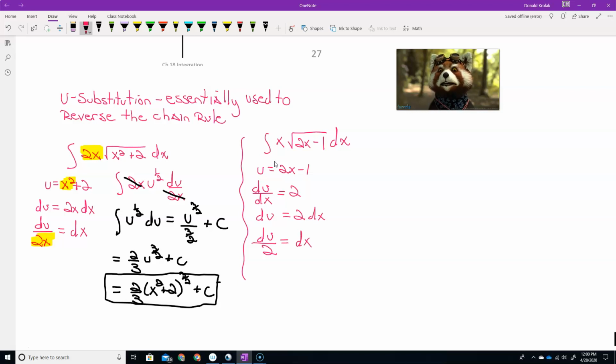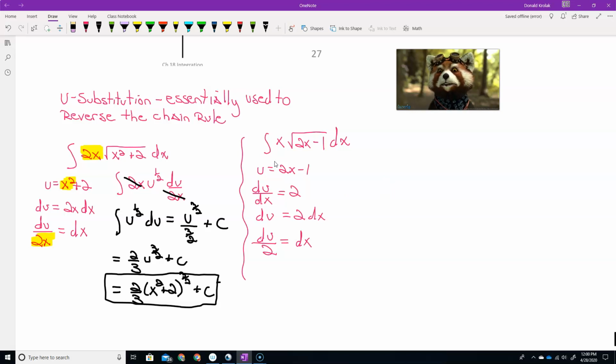All I did this week was write du, and then do the derivative of the right side, which is 2 dx, and then divide both sides by 2. It's the same thing.